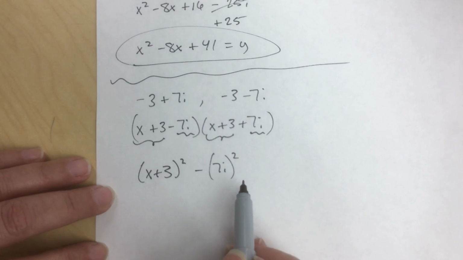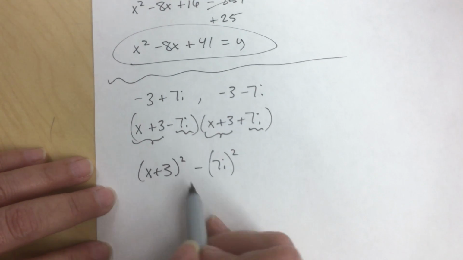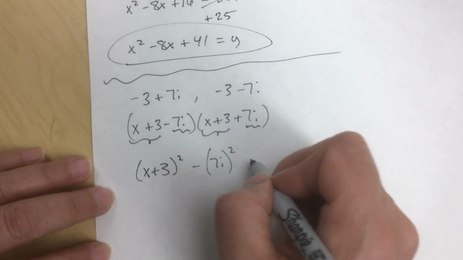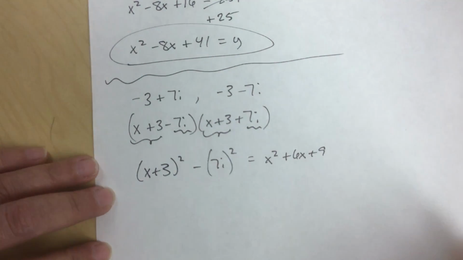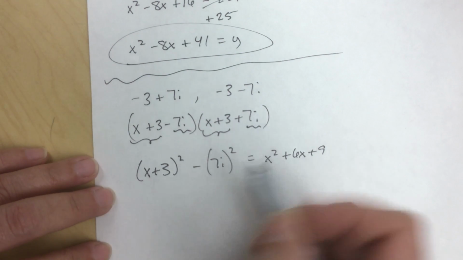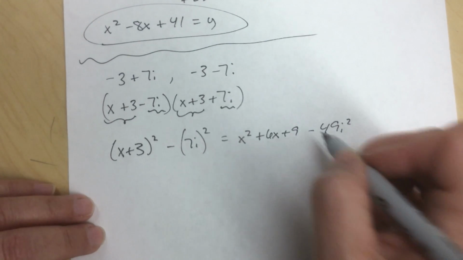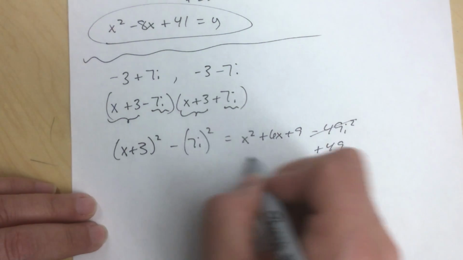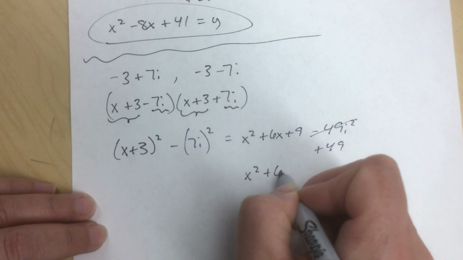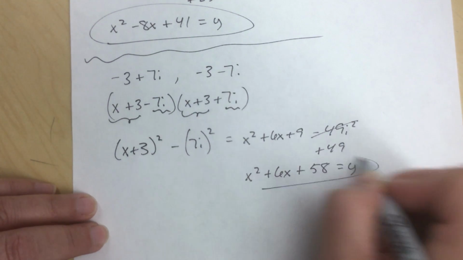That's your a squared minus b squared. I have a minus b times a plus b. It equals a squared minus b squared. This is x squared plus 6x plus 9, and this is going to be plus 49 because it's minus 49i squared. So that's the same as plus 49 because i squared is negative 1. So x squared plus 6x plus 58 is equal to my y.